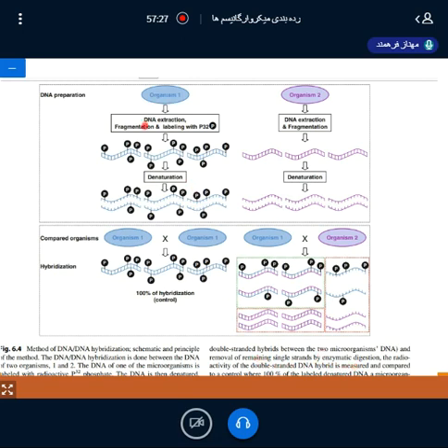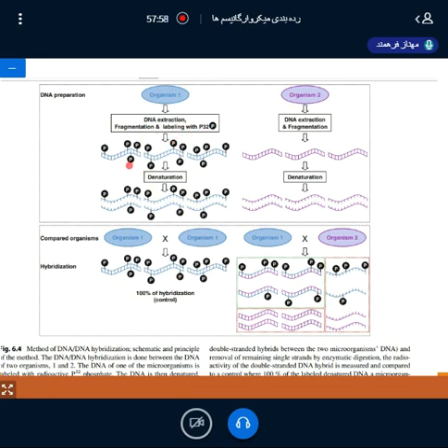Okay, as you see here, first of all, we have DNA preparation. DNA preparation means conversion of two strands to single strand. This is organism number 1, that is the known organism. We have DNA extraction for organism 1 and 2.